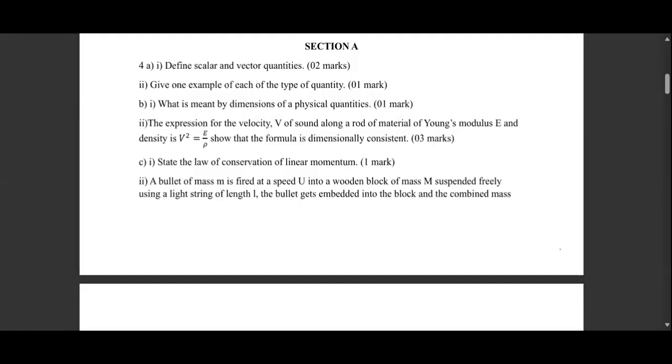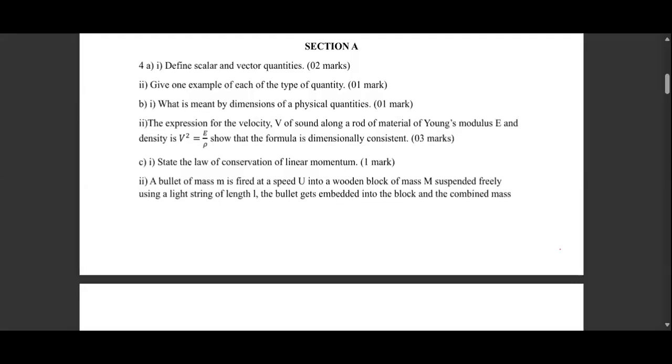Or someone else can say this refers to the powers to which the fundamental quantities are raised to produce derived quantities. We have mainly 3 examples of fundamental quantities: mass, length, and time. Those are the major fundamental quantities that we focus on at this level.